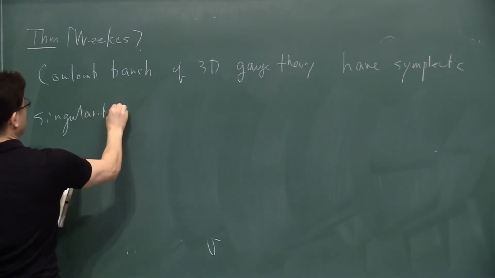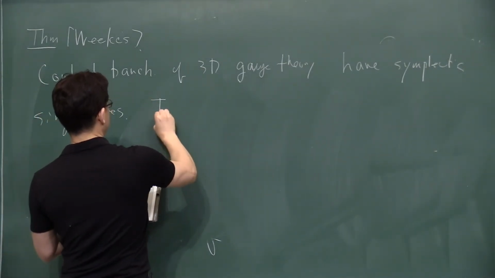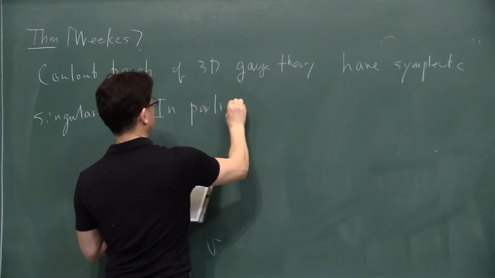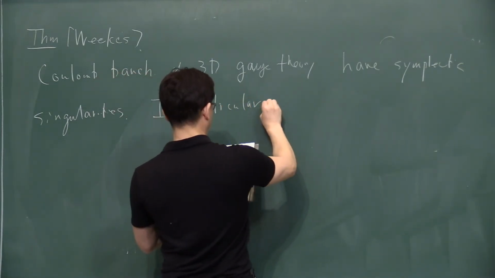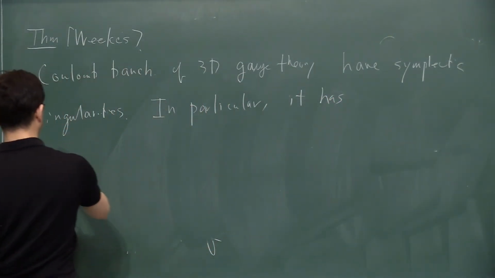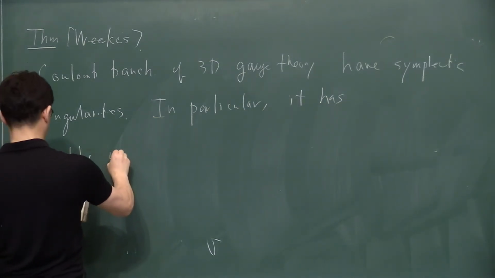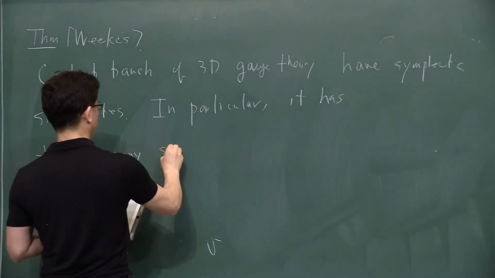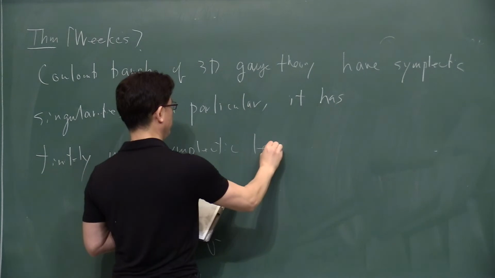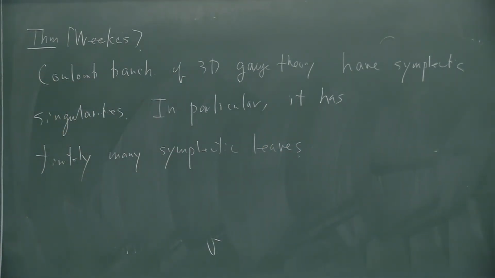And since it has symplectic singularities, by a Kaledin theorem, in particular, it has finitely many symplectic leaves. So this makes sense.